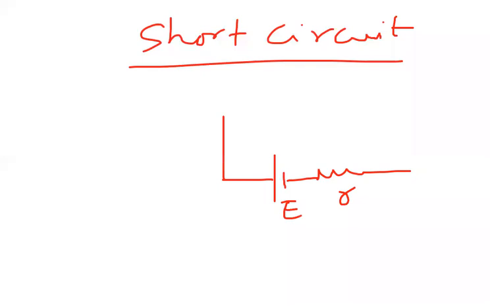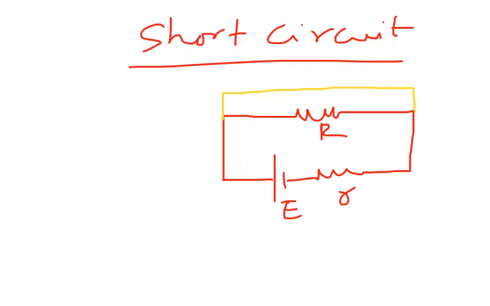I am taking one external resistance, and suppose we have one more wire directly connected like this. So short circuit means the wire is directly connected to that point. When the current is flowing, the current coming from the positive terminal is I.